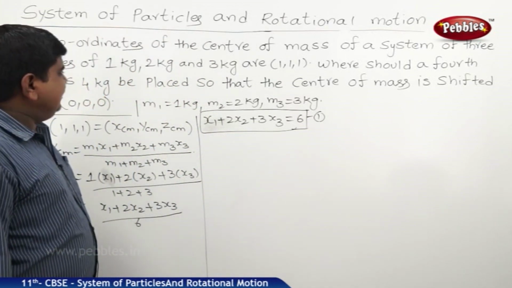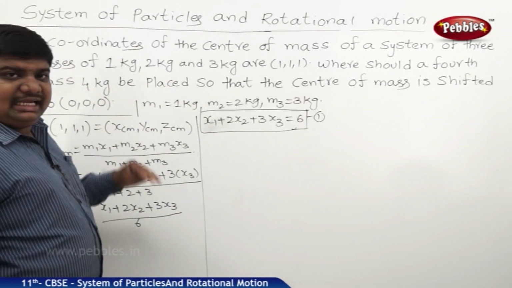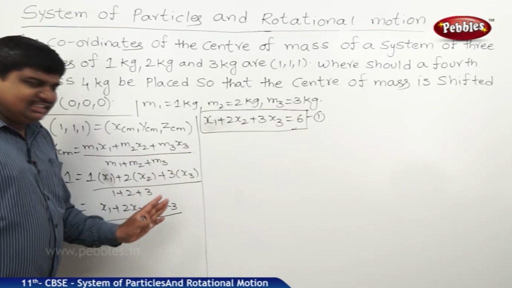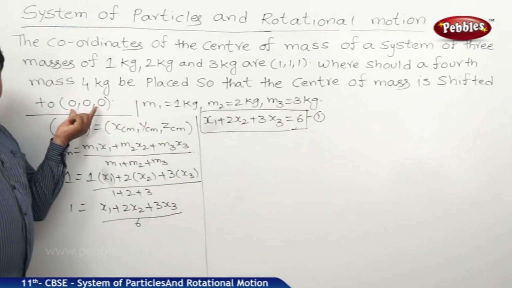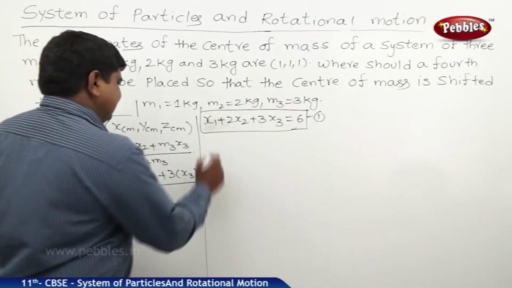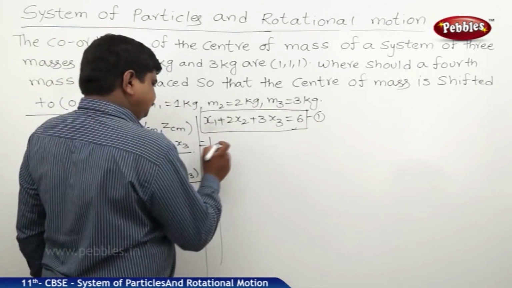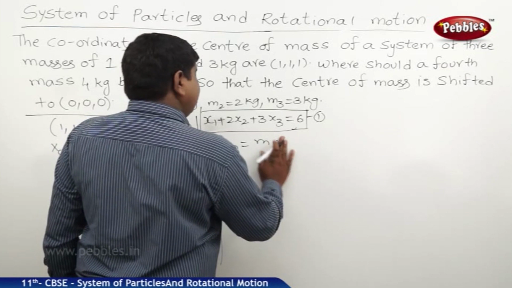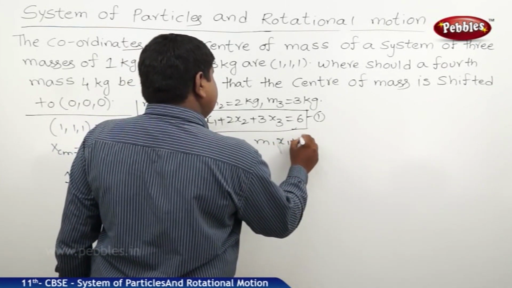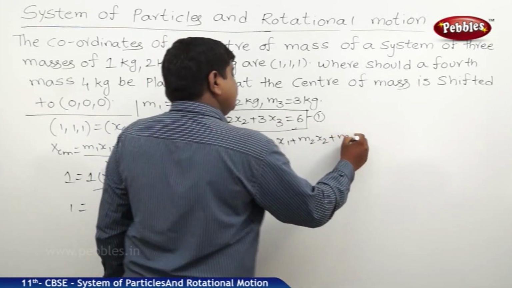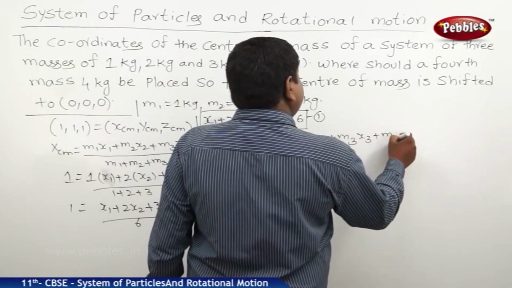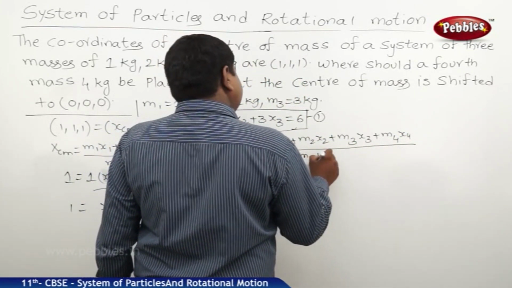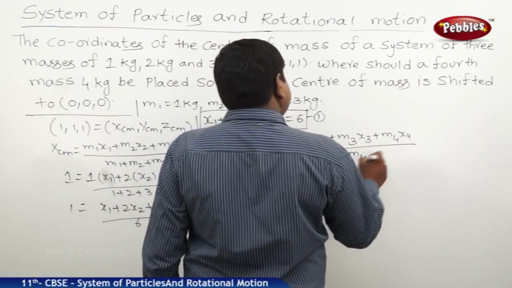Now we should find out the fourth mass of 4 kg. It is to be placed at one position. When the fourth mass is placed at one position, the center of mass shifts to 0, 0, 0. Then what can we understand? Again, xcm is equal to m1x1 plus m2x2 plus m3x3 plus m4x4 by m1 plus m2 plus m3 plus m4.